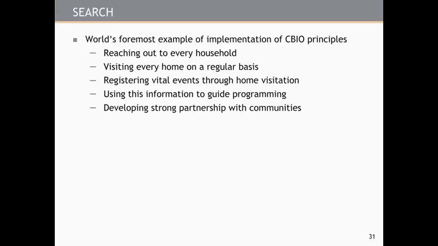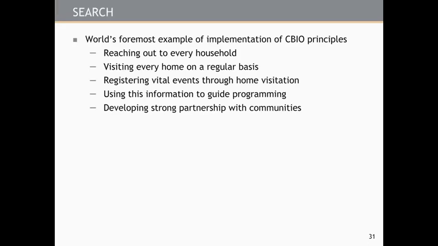Then more recently, they have become quite noted because having more or less solved the problem of childhood pneumonia to the best of their ability in the circumstances in which they work, they noted with their own vital events system that neonatal mortality was such an important contributor to under 5 mortality.